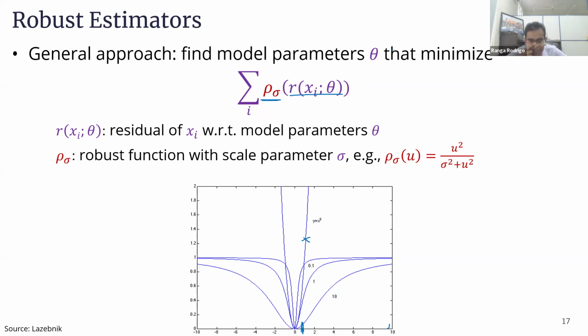You cannot even show it in this graph. That's why the outlier totally dominates the computation. So in these new versions, we come up with some function like that. Even for large errors, the penalization is small, but for small ones, the penalization is there. So the contribution of a large error is downplayed by using this robustifying function.